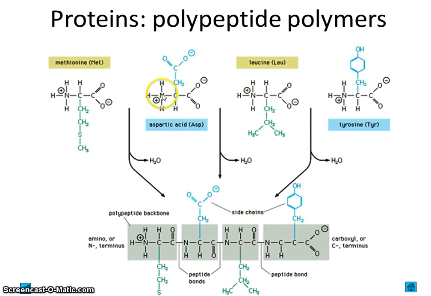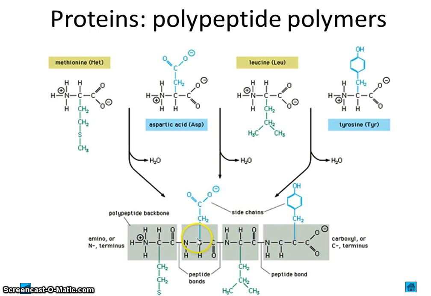Now, under the right conditions, the amine group and the carboxylic acid group, albeit in their ionized forms, can actually react together to produce a peptide link, often called a peptide group, which enables the different amino acids to become joined together. So we have this backbone, essentially, of carbons and nitrogens running through the molecule, and then the side chains are off at right angles to that backbone. Of course, in reality, the chain would be folded and twisted into all kinds of arrangements.